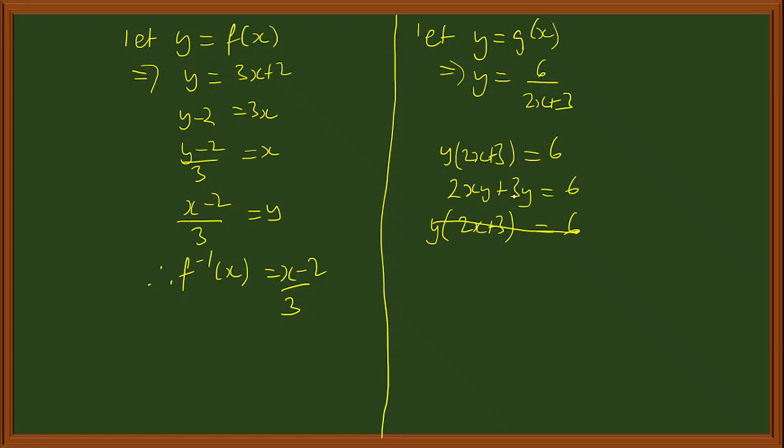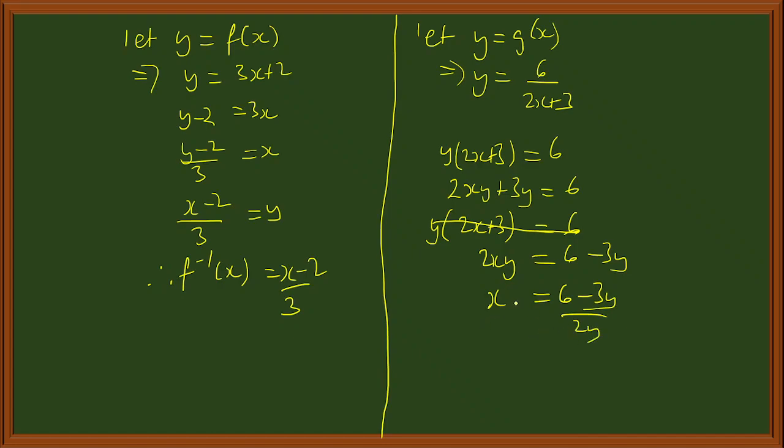What I need to do is to take 3y to that side, because I would like to make x the subject of the formula, so everything else has to go to the right hand side. So you'll have 2xy is equal to 6 minus 3y, and then 2y will divide both sides. On the left side you remain with x, and you have 6 minus 3y over 2y.